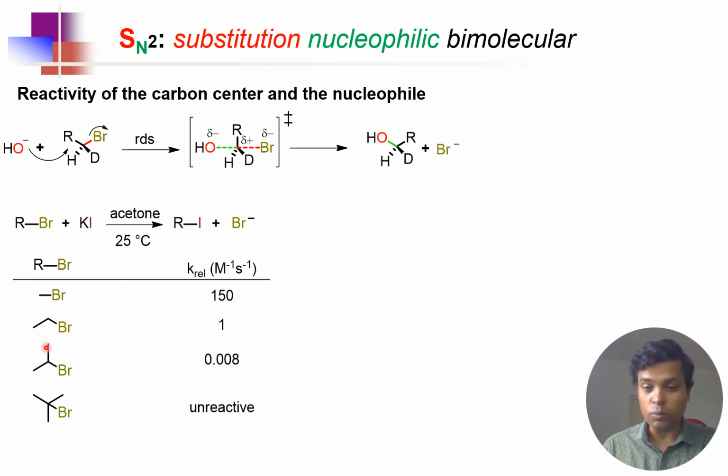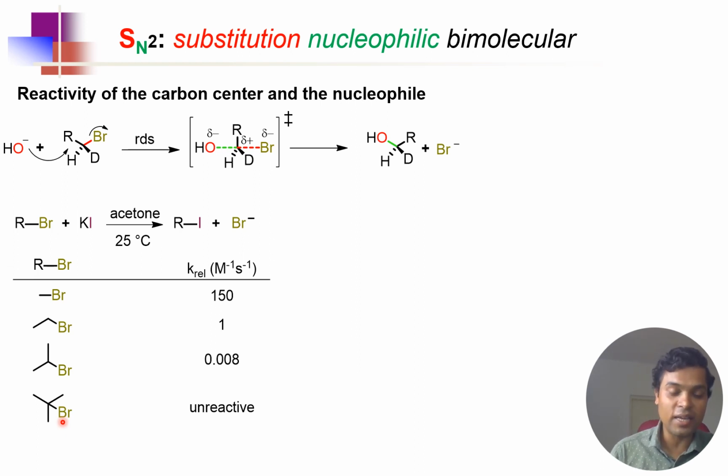When you move to isopropyl, one of the hydrogens or deuteriums becomes a methyl, so you increase the steric crowding at the backside of the carbon-bromine bond, and therefore you prevent the nucleophile from approaching the carbon center. This slows down the reaction more. In the case of t-butyl, you can see the reaction was completely stopped.